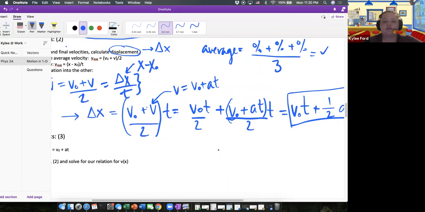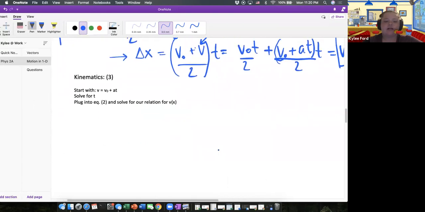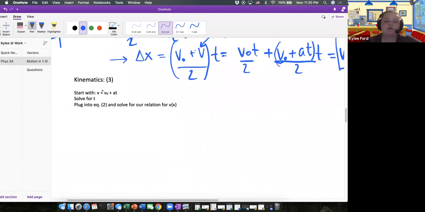All right, so my third and final, I am going to start with my first equation, v equals v naught plus at. I'm going to solve for t. That is my next step.